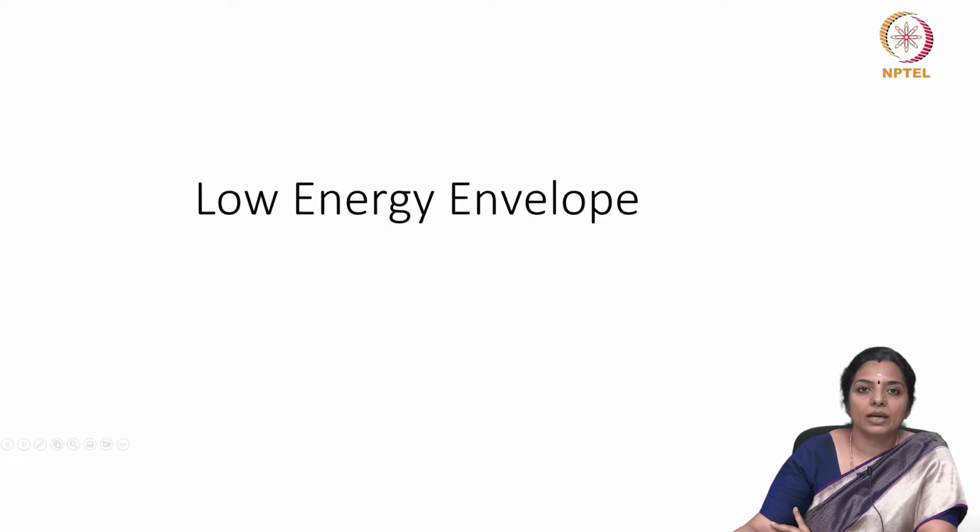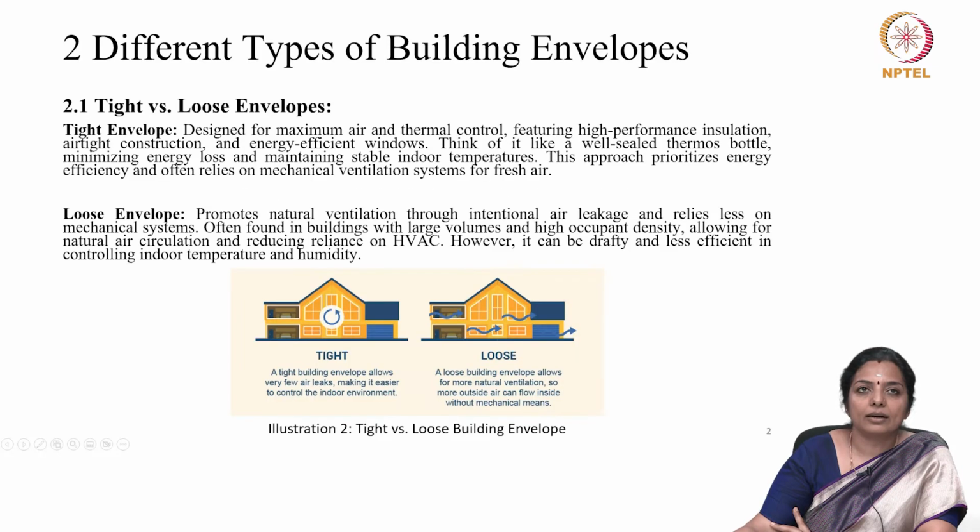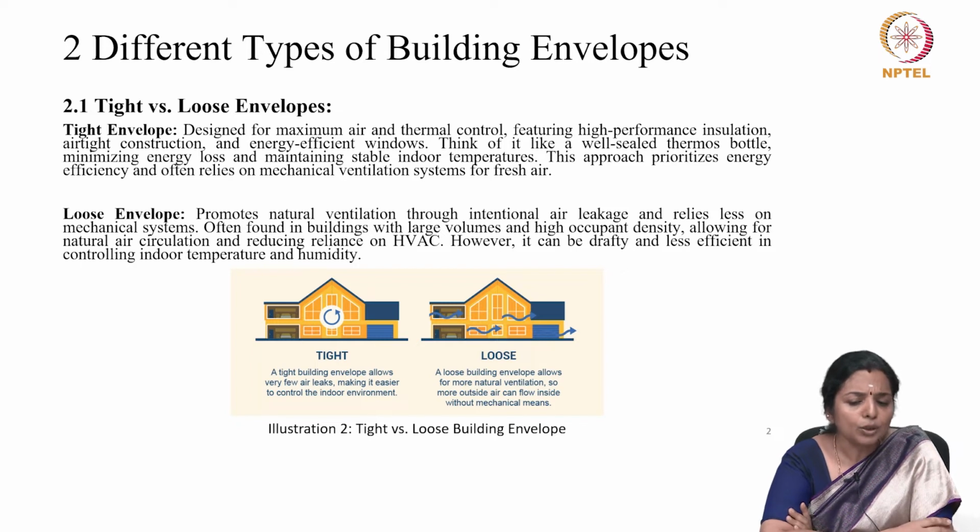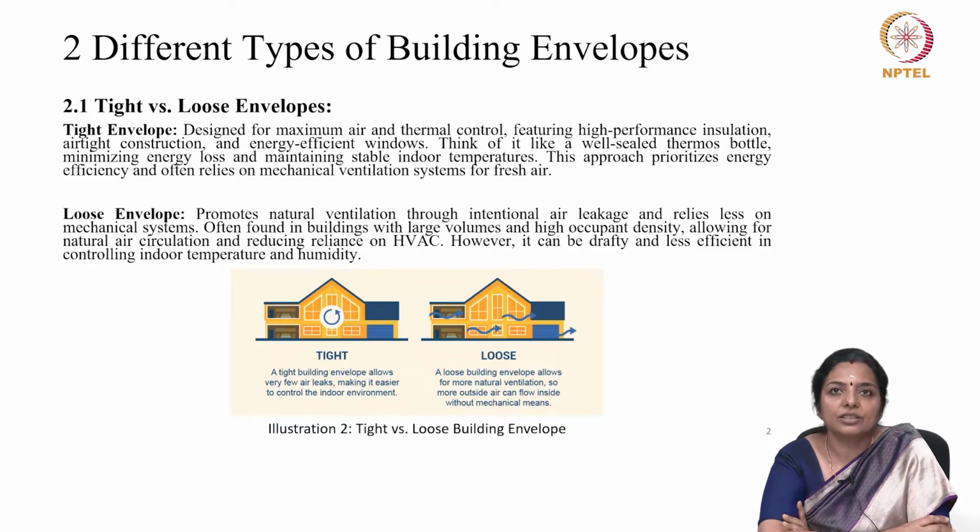So, let us look at this. There are 2 different types of building envelopes. One we call a tight envelope, and that is designed for maximum air and thermal control.